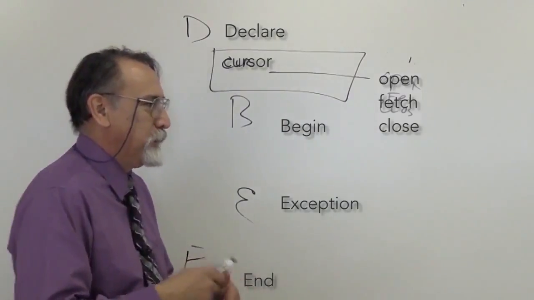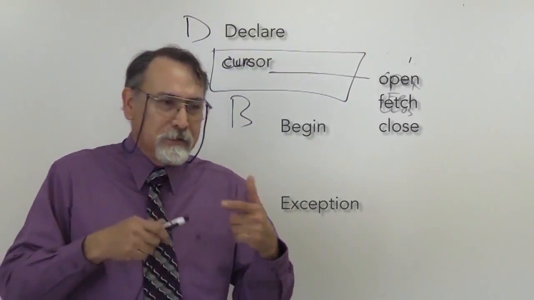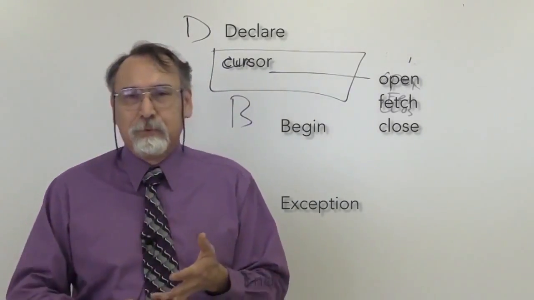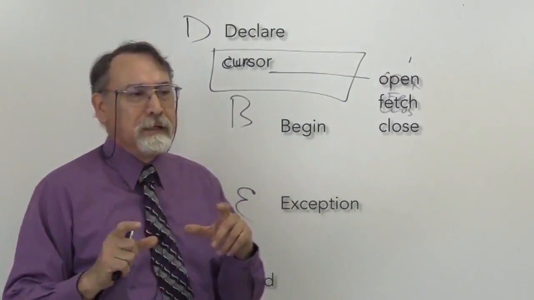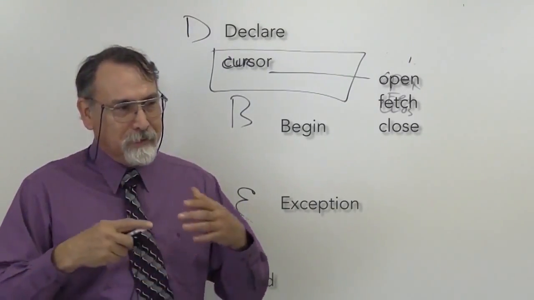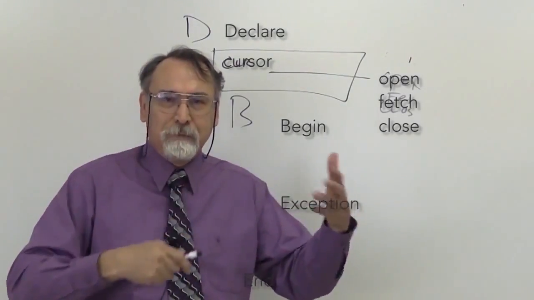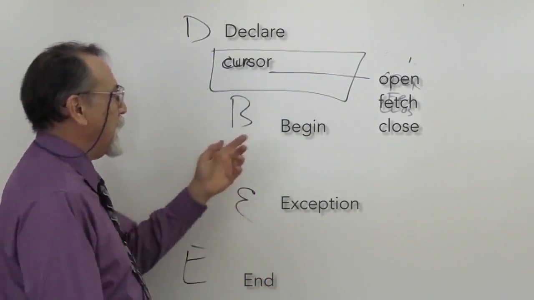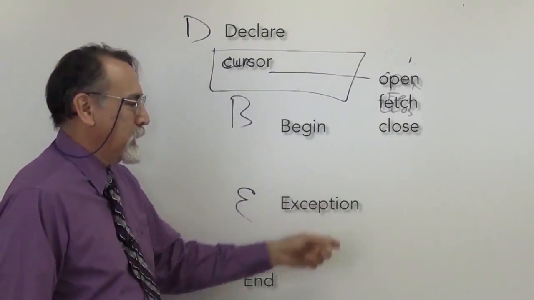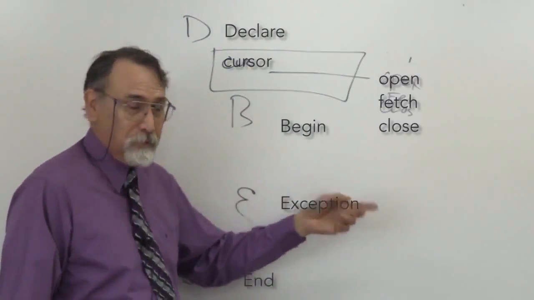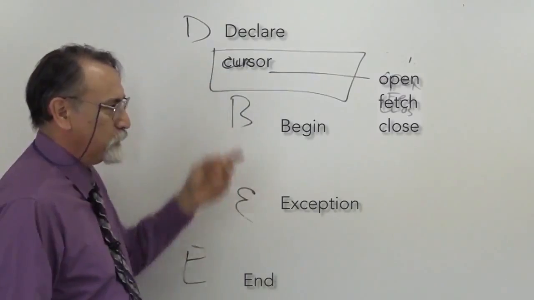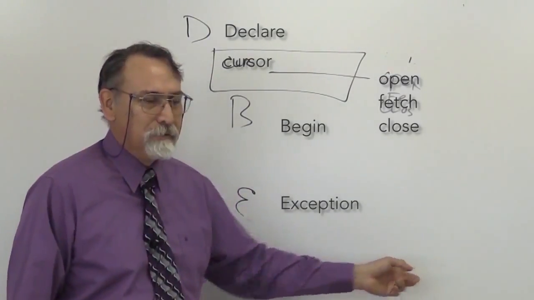As you're having this recursive event and you create a loop, there are different types of loops that you can use, and each of those looping constructs also has issues that are specific to the type of looping mechanism that you're using. So you have the open, the fetch, the looping mechanism that you're going to use, and then you always have to be sure to close that loop. So you begin a loop and you close a loop, and then you close the cursor, and you always have to have some kind of exit.